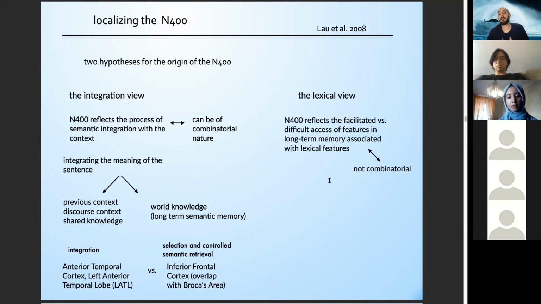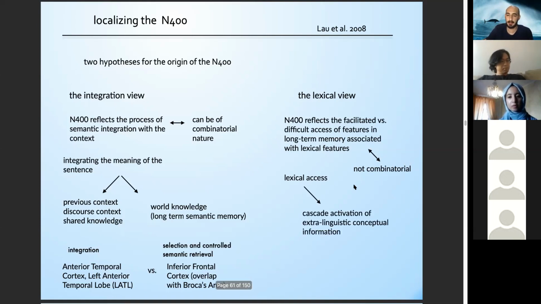The problem that you get N400 for words like spreading butter with socks is that socks was not pre-activated from the preceding words, because if you think about spreading butter, you would never think about socks. And then when you get to socks, you have to activate it from scratch, basically, okay? So that would reflect the lack of a pre-activation. So the locus of the effect is purely at the lexical access, okay?